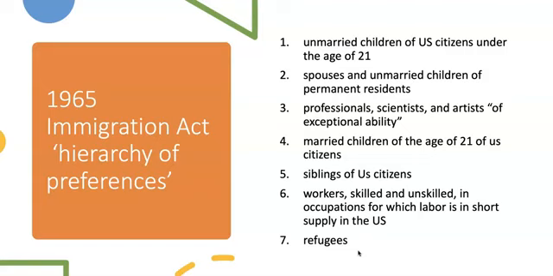And I mentioned this earlier. The architects of the 65 Immigration Act firmly believed that the family reunification amendments here would primarily benefit immigrants from Eastern Europe, Southern Europe, so let's say Jews, Italians, Greeks, Polish, and so forth. And it was believed that Asians in the United States at this time were simply too small in number, as I mentioned.